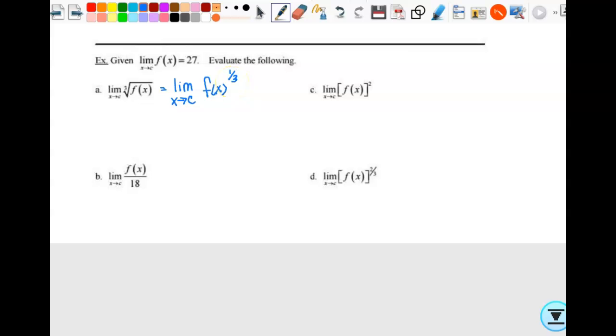So what's the limit of f of x as x approaches c? 27. So I can have 27 to the 1/3 power. What's 27 to the 1/3 power? 3. Okay, we good? All right, so I want y'all to try it. I want y'all to do C, B, and D.